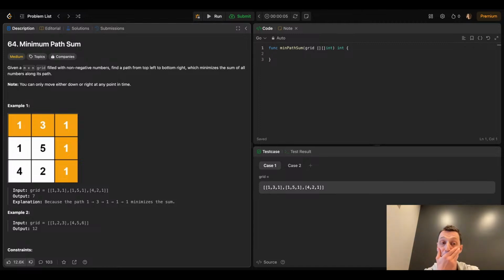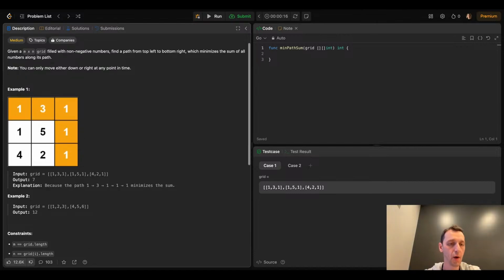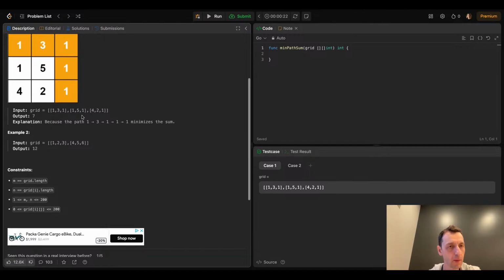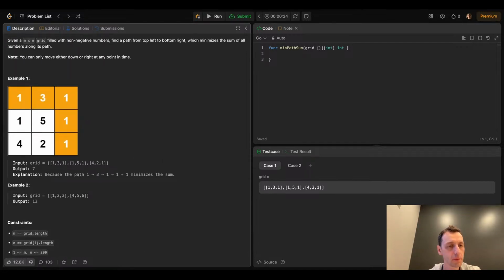So, how big is the graph? Minimum m and n is at least one.